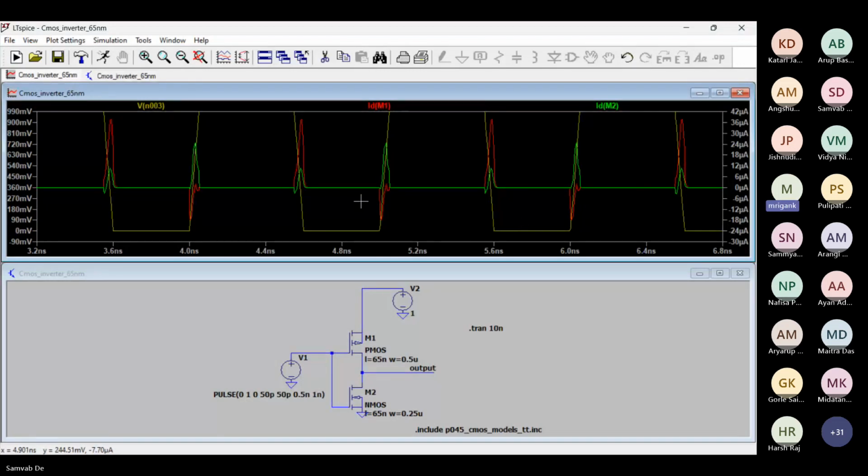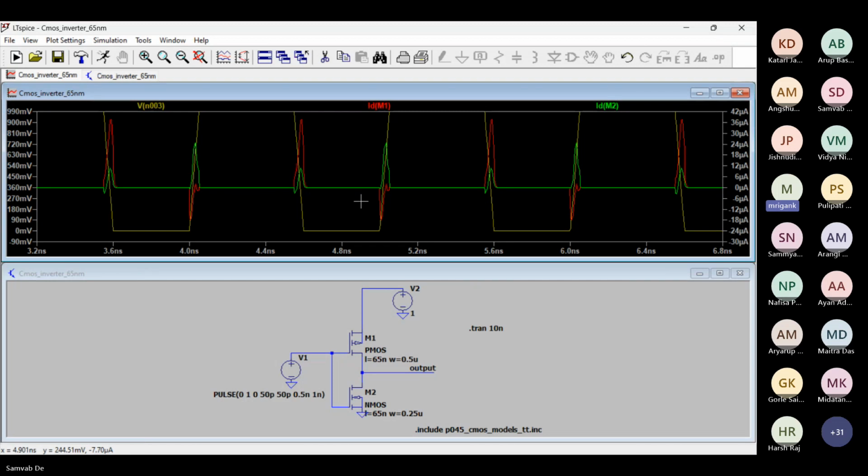Ideally, as we discussed, the NMOS current should be coming at what point? When the input is going high, because at that point NMOS will be turning on and discharging the output. So we are getting the big peak in the NMOS current when the input is turning high. And the big peak in the PMOS current is coming when the input is going low. We can see the red peak is high when the input is going low.